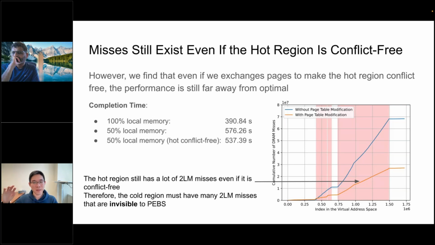So after doing all the page exchange, any page in the hot region won't conflict with another page in the hot region. We also measure the completion time. What we see is that even if we make the hot region conflict free, the completion time is still quite far away from the optimal completion time where all the data can fit into DRAM.